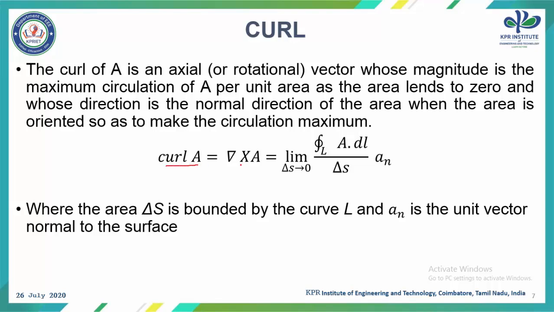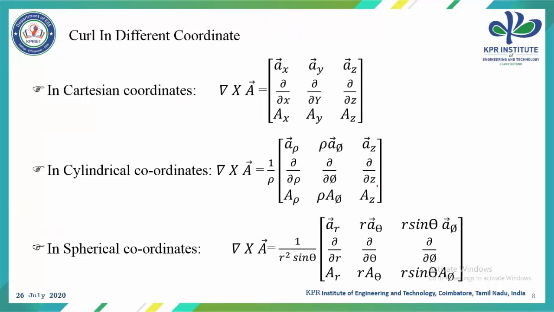Curl A equals del cross A equals limit delta s tends to 0 of the closed line integral of A dot dl divided by delta s, times an. The area delta s is bounded by the curve L and an is the unit vector normal to the surface. These are the curl formulas in different coordinates.